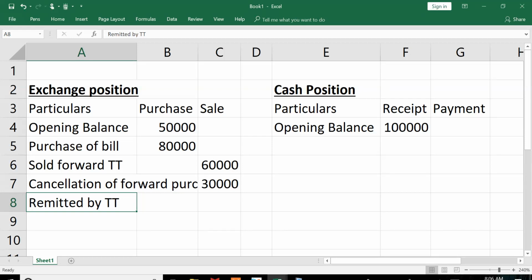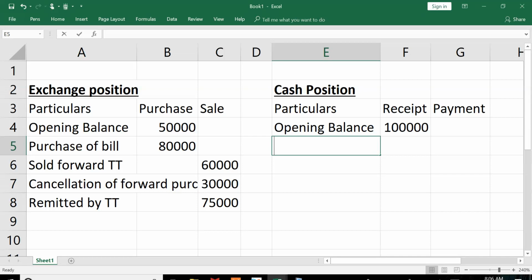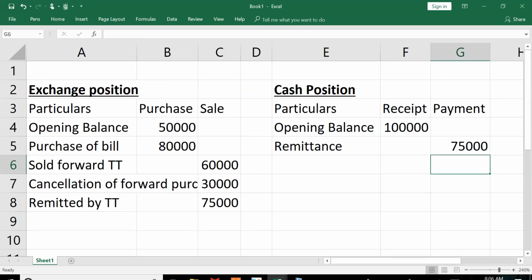If the remittance was against some past purchase or past sale, then it will come only in the cash position. It will not come in the exchange position. Now this remittance is going to come in both, 75,000. This transaction will appear at both the places.